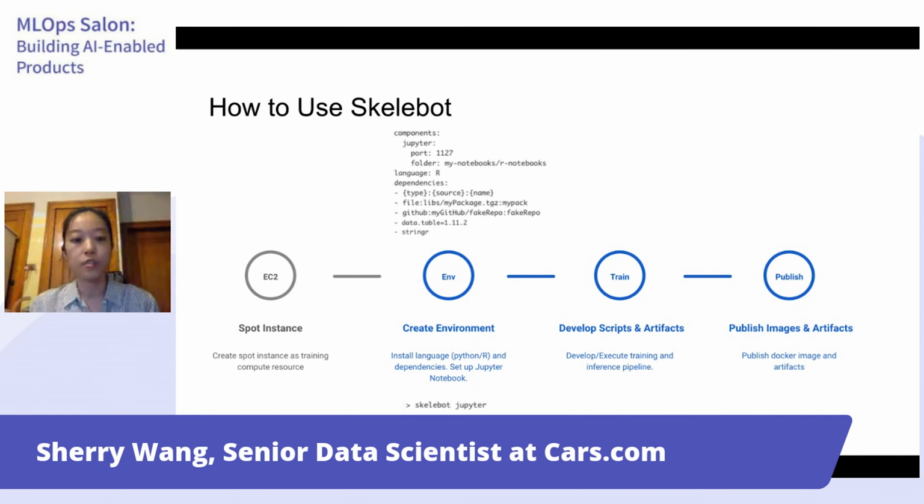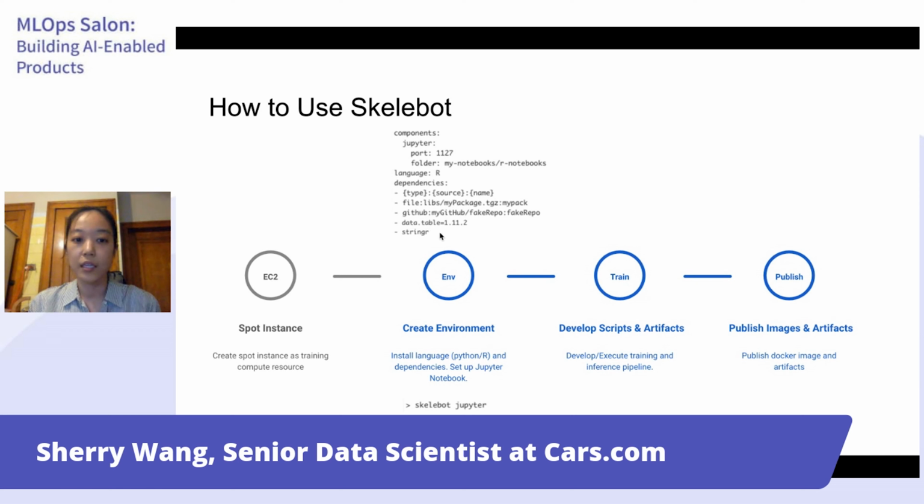You can use just one line of code, skelebot jupyter. And under the hood, Skelebot is going to set up a Jupyter notebook inside of Docker using the dependencies you specified in your YAML file.